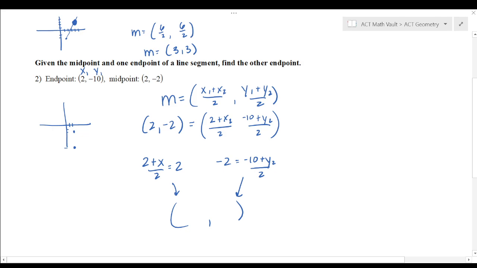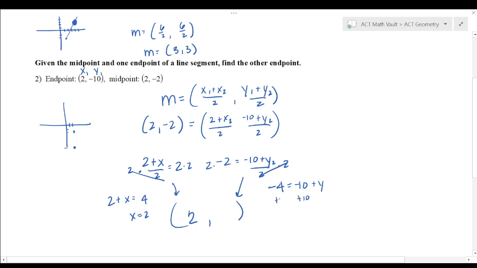So the way I can solve for that is if I multiply by 2 on both sides, those 2's will cancel. I'll get 2 plus x equals 4, so x is equal to 2. Okay, and right here I can do the same. Times 2, we get -4 equals -10 plus y.